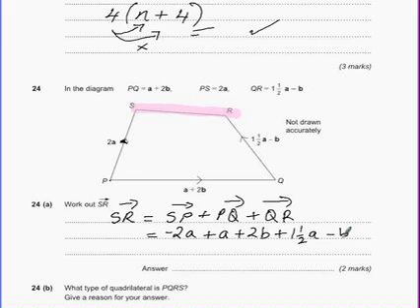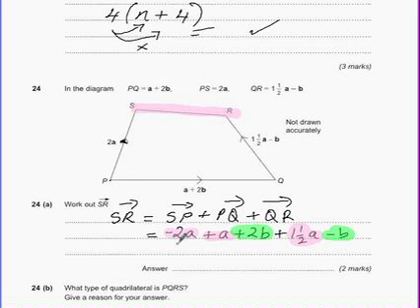And finally, you're going to tidy up the answer by collecting like terms, just like we do with any expressions. So I've got the minus 2A, the A here, and 1.5A, which are the like terms that we're going to add together. And we've got the 2B and the minus B here, which we can add together and simplify.